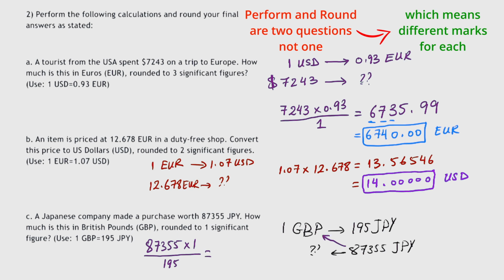Using the calculator, we have 87,355 divided by 195, and this will give us 447.9743..., which to one significant figure is 400 British pounds. Now moving on to the next question.